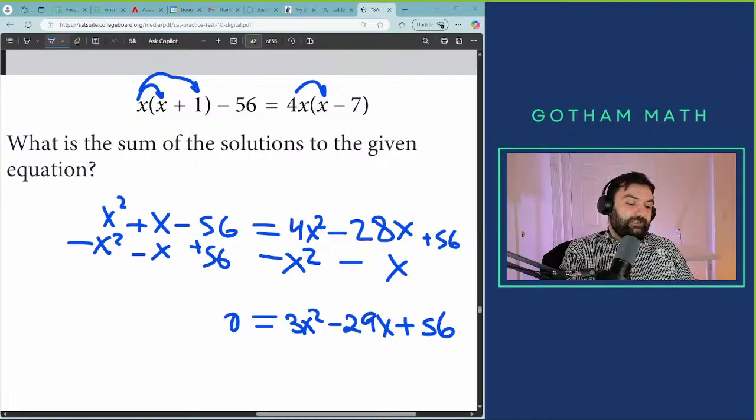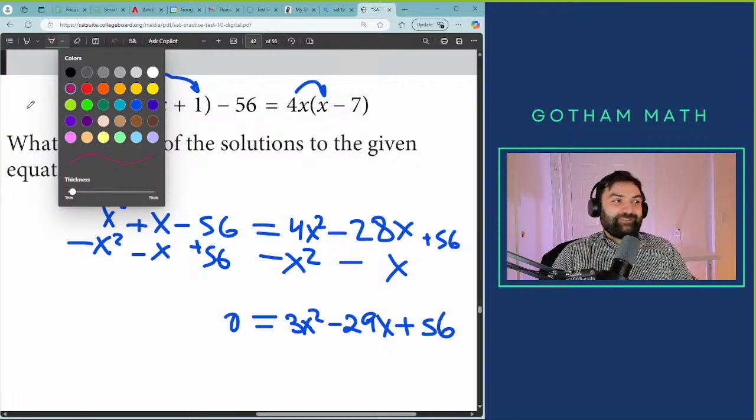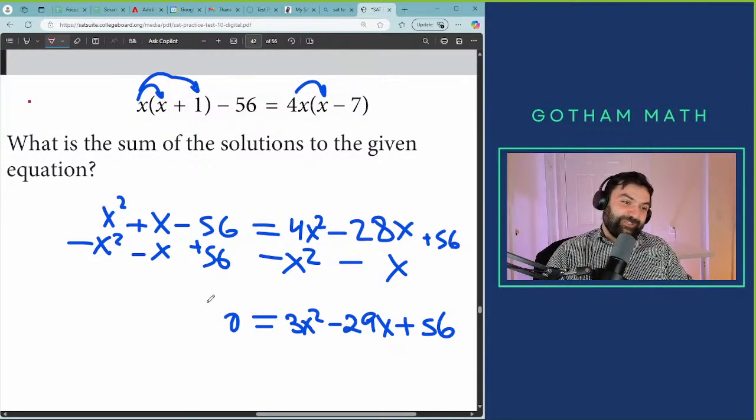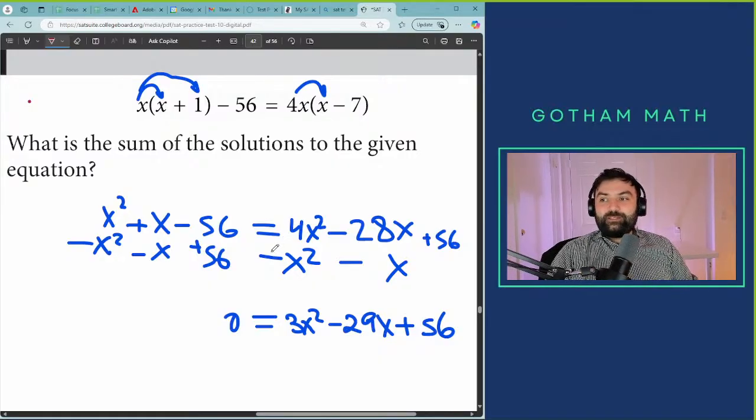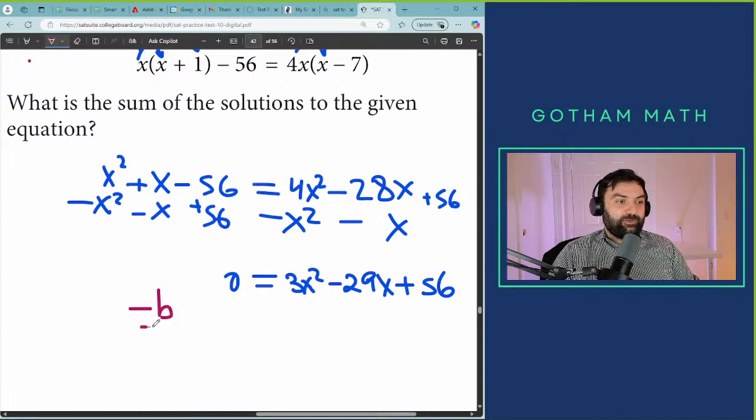Okay, what if I tell you, and to you, Alexa, that putting it into Desmos wouldn't be the fastest way? Because it's a very old school type of question. I haven't seen it in a while, but this type of question used to be popular: sum of the solutions or product of the solutions. It is negative b over a.